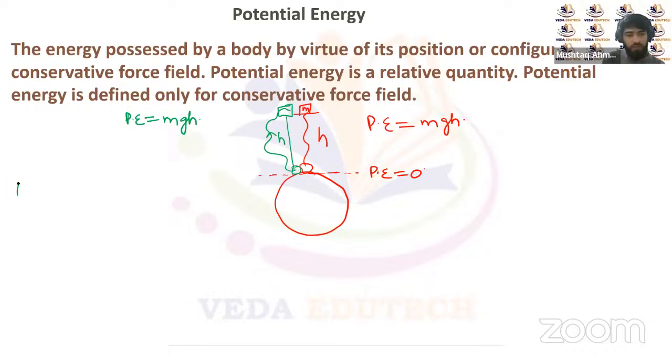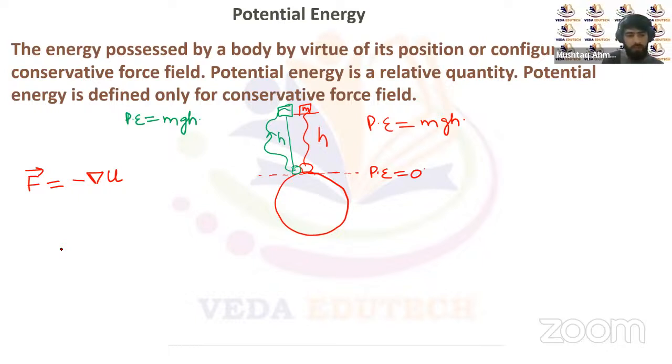Any conservative force is always the negative gradient of potential energy. So F is equal to minus gradient of U. It means that if we take the derivative of potential energy with respect to position, we will get the force in the direction of that coordinate.